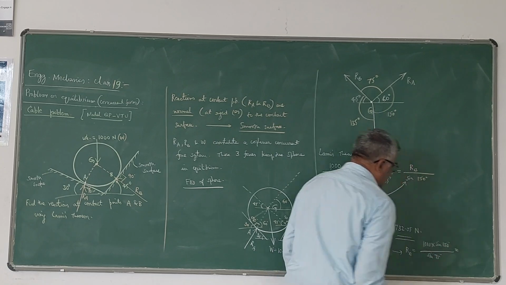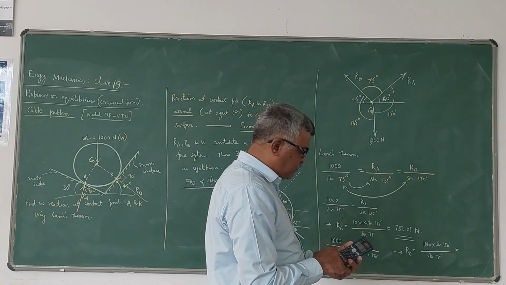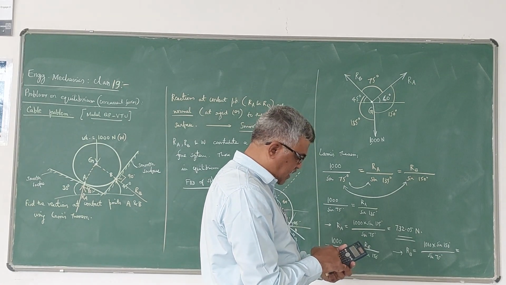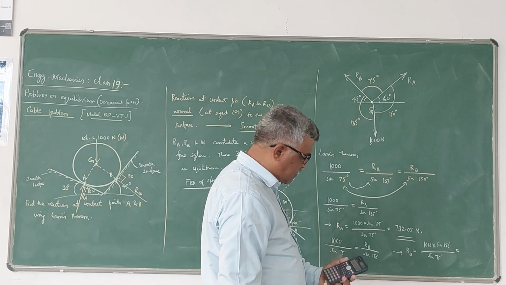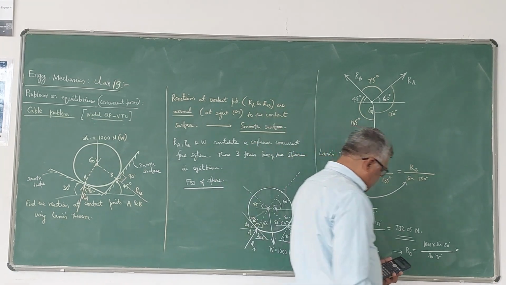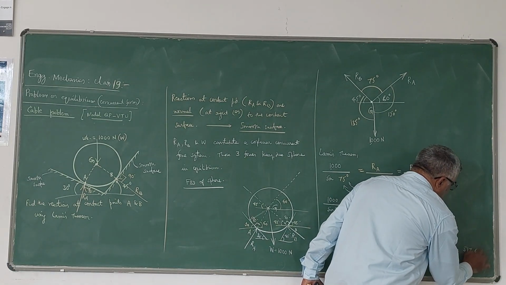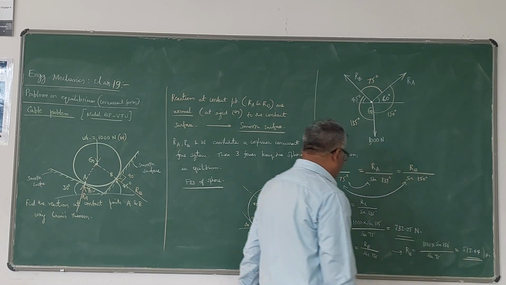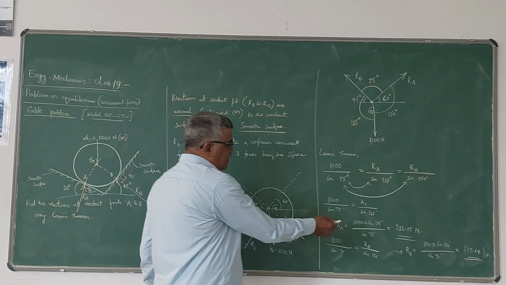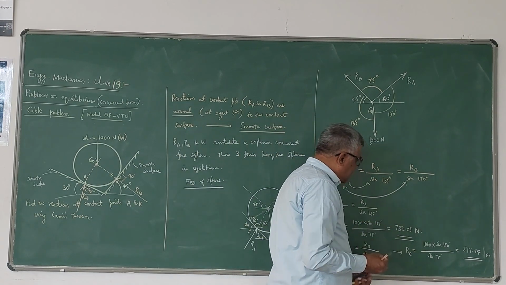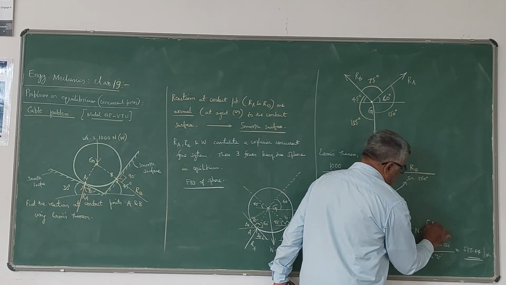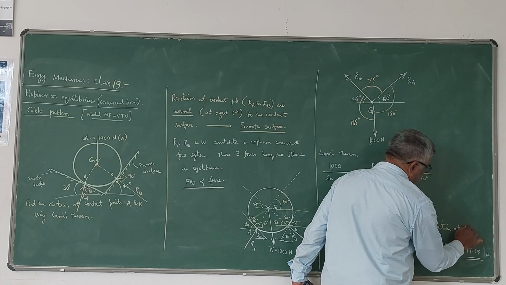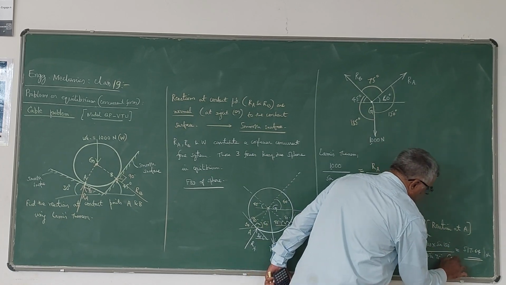If you do this multiplication, this will be equal to 517.64 Newton. So this is the reaction that is going to develop at B. The reaction at A is 732.05, which acts normal to the contact surface. Here this is the reaction acting at B.